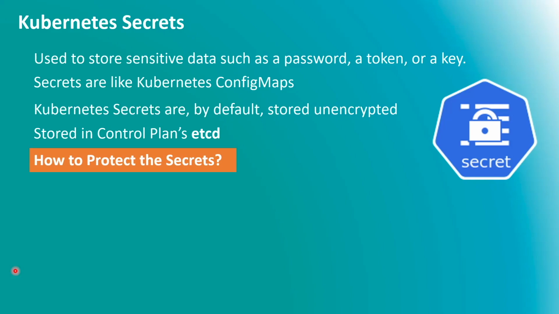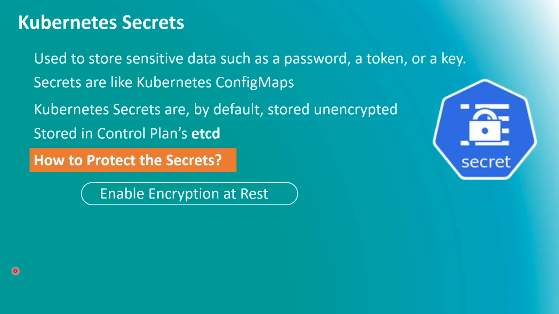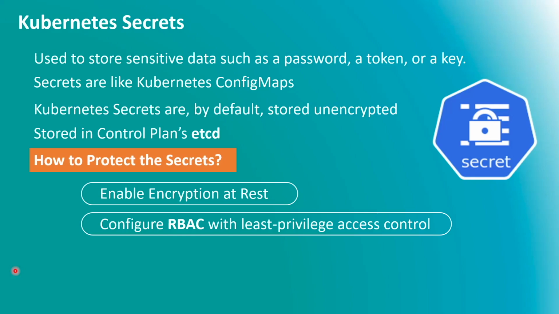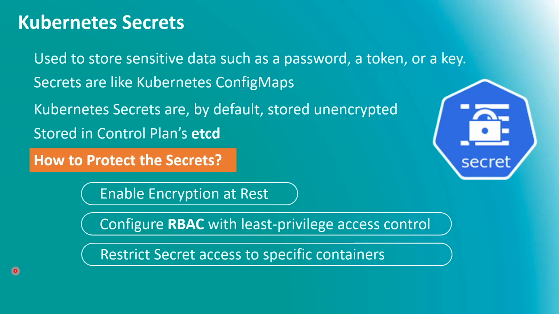You must take these measures if you want to protect your secrets. You should enable encryption at rest, and you should configure role-based access control, or RBAC, with least privilege access control. You should restrict secret access to specific containers. You should not keep it wide open.